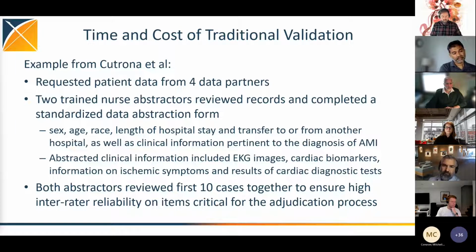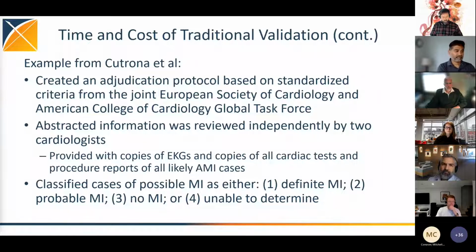And then they went through an adjudication process or a reliability process where they reviewed the first 10 cases between the two to look at inter-rater reliability. Then, it's still not done yet, they had to create the adjudication protocol based upon the American College of Cardiology task force.